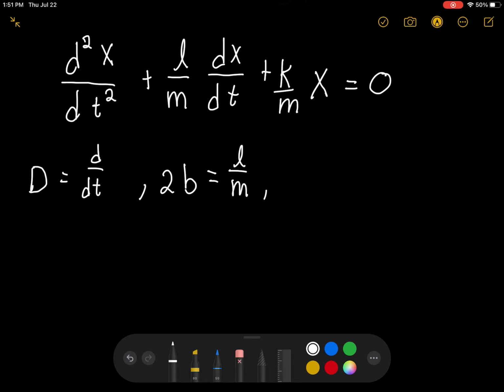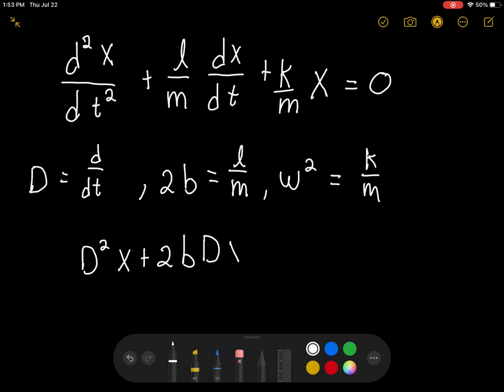Then we're going to say that omega squared is equal to k over m. Let's just plug in everything that we've written out so far. Alrighty, now one final step that we need to do is to divide out all of these x's and just get rid of it.